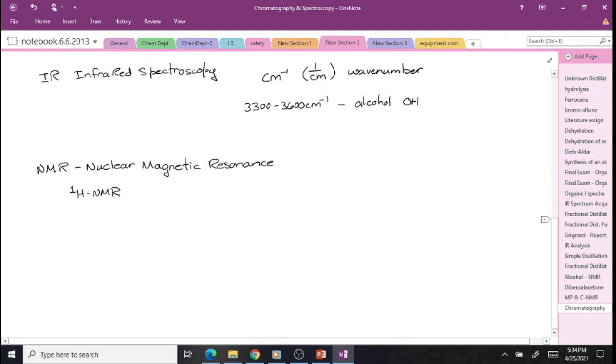There are other nuclei besides hydrogen that are NMR active. But again, as with IR, you should learn the various regions that are involved. So again, look at the correlation table and learn the ones that are relevant to the various compounds that you have made or used during the semester.